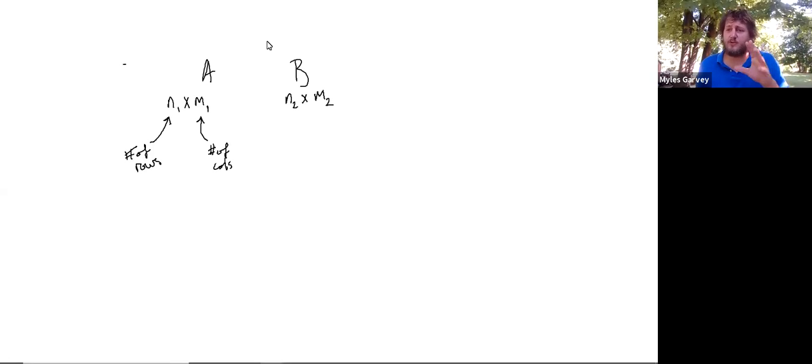Okay, now getting back to our discussion on equality, remember what we said. The two matrices, there's two conditions. The first condition is that the number of rows and the number of columns need to be equal to each other. Put differently, the two matrices need to be the same size.